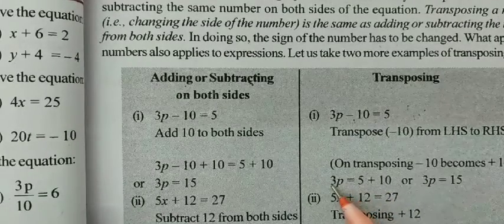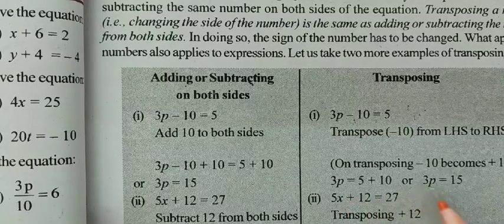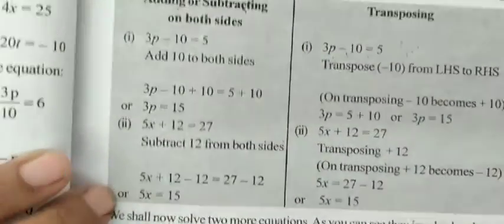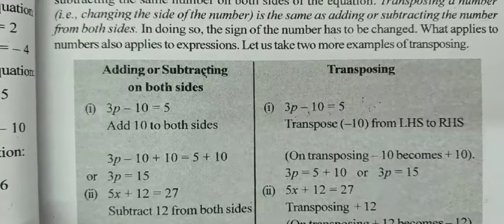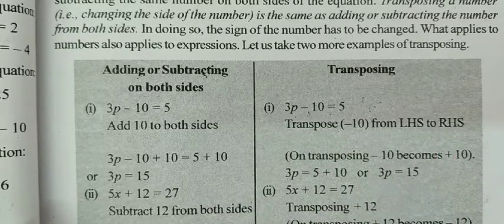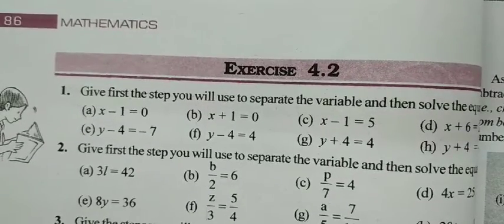Then here 3 is multiplied with p. When you take it on the other side, it will take up division. Okay? So that's transposing. Now you can better understand both these methods when we solve exercise 4.2.